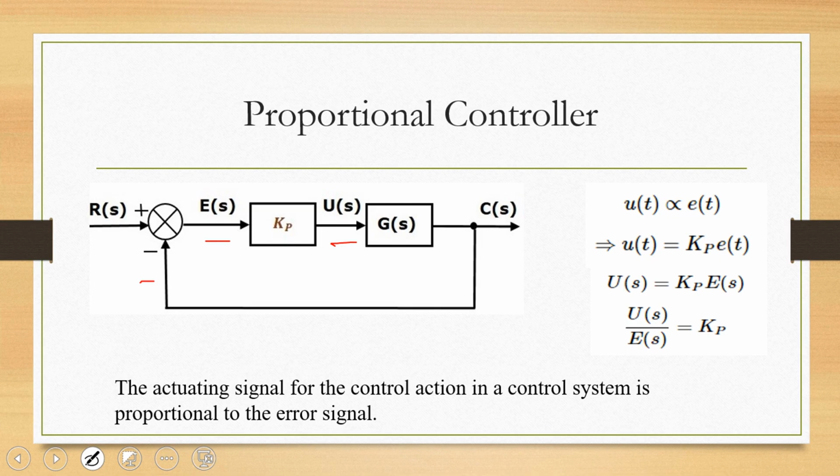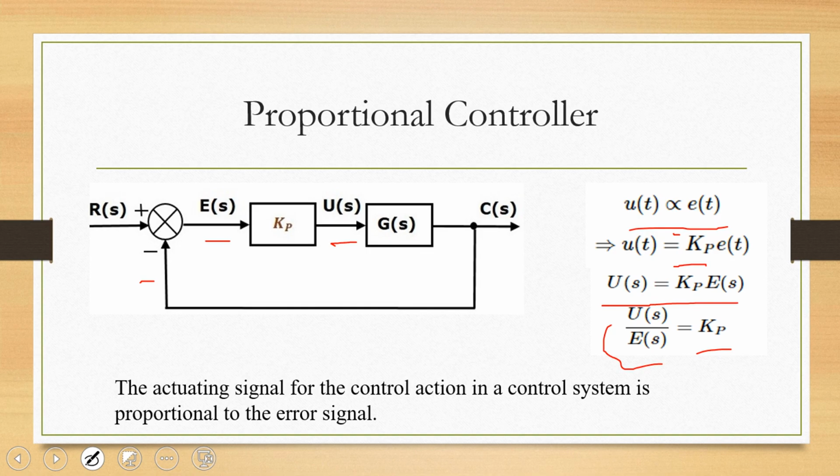So U of t is proportional to E of t, the error signal. It is equal to Kp, the proportionality constant, into E of t. In the Laplace domain, U of S is equal to Kp into E of S, or Kp is equal to U of S by E of S.